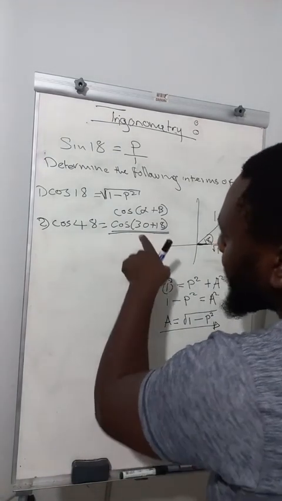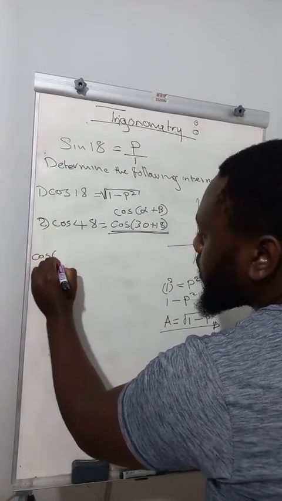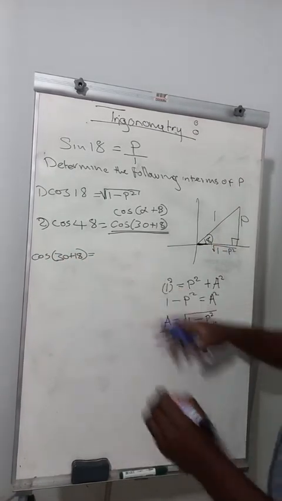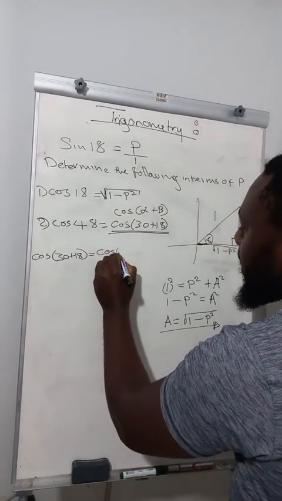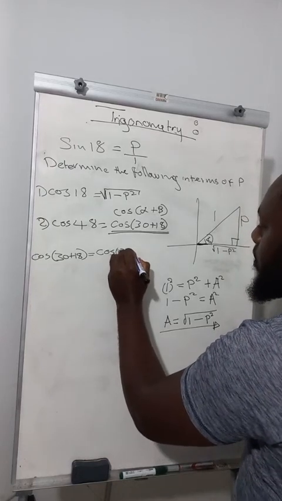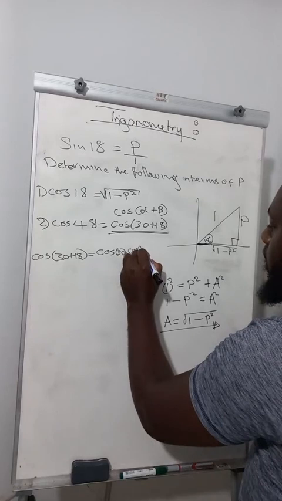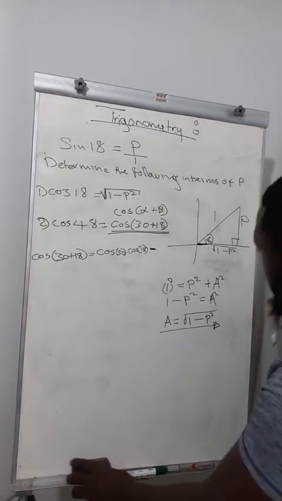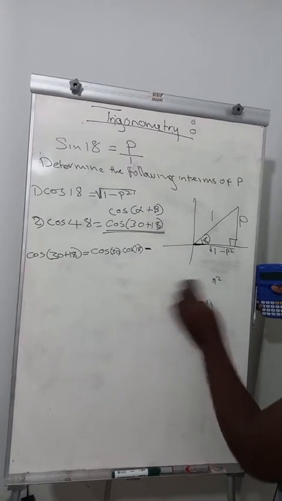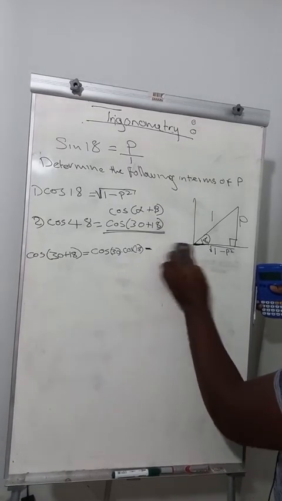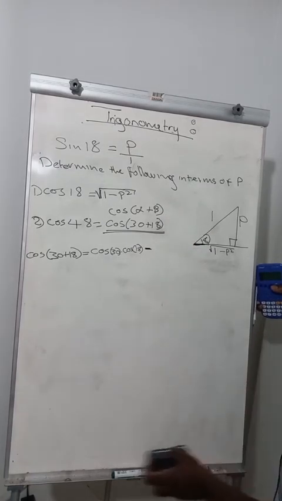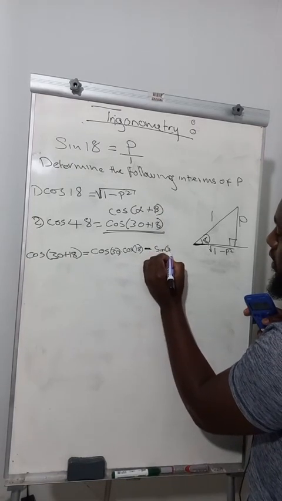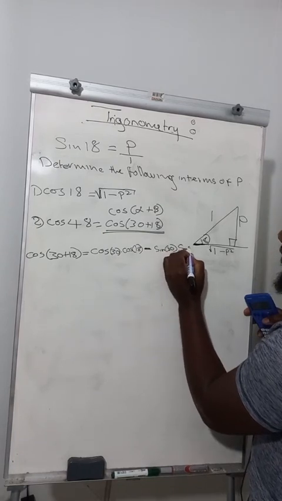You'd see that cos of 30 plus 18 is the same as cos 30 multiplied by cos 18, and then here you write a negative, sine 30 multiplied by sine 18.